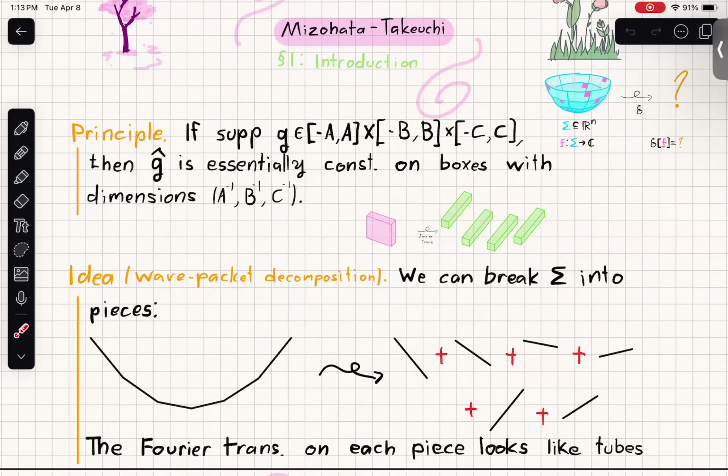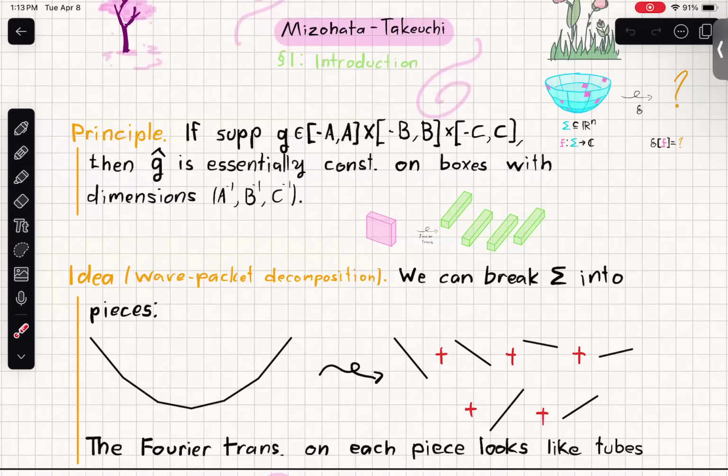Now, the reason why the wave packet decomposition is hard is because remember that this is only a box centered at the origin. If we were to translate the box, then we're introducing all these oscillations, and so the boxes that are not centered at the origin are going to come with a lot of oscillations.